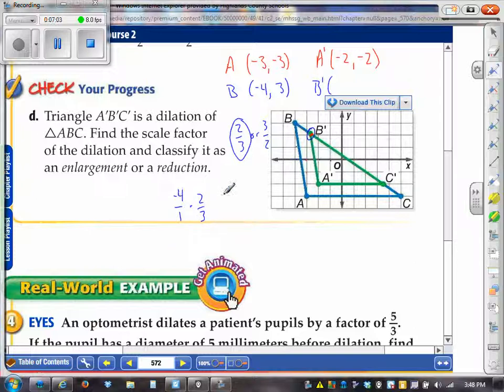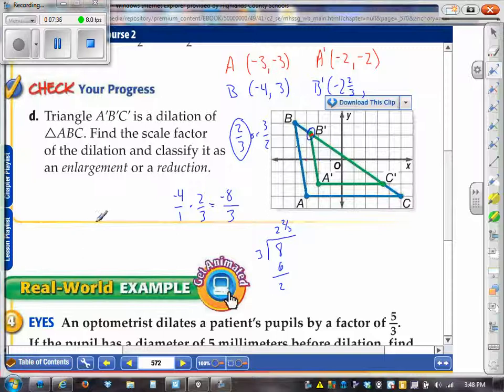Negative 4 times 2 is negative 8, over 3 times 1 is 3. So where is it at? Negative 8/3. 8 divided by 3 is 2, and 2/3 left. So this is 2 2/3. Negative 2 2/3, because negative divided by a positive would be a negative.